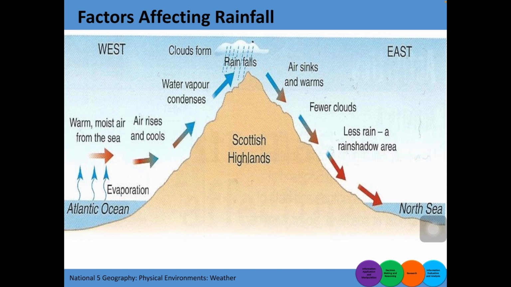And as that rain precipitates out over the land and the air sinks back down, it's going to get drier and a little bit warmer, which is why the eastern side of Scotland, let's think Aberdeen, might be a little bit drier than the western side.